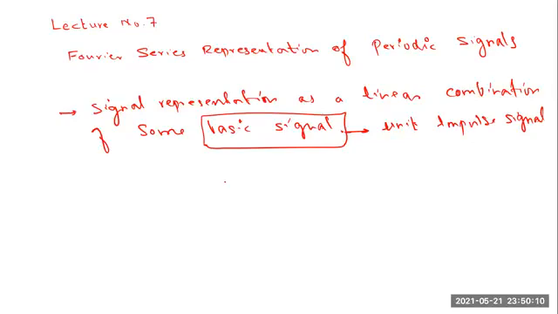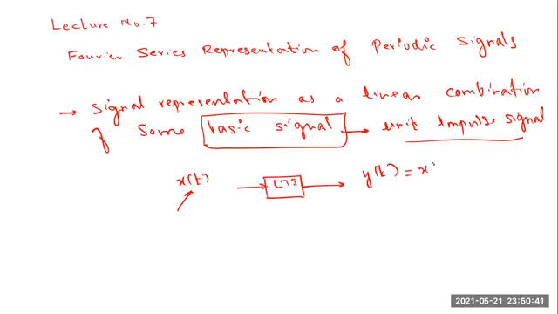And then once we represented the signal in terms of unit impulse, then for LTI systems, what we found was that if the input is represented in terms of unit impulse signal, then the output takes a very convenient form, and that is output becomes x of t convolved with h of t.